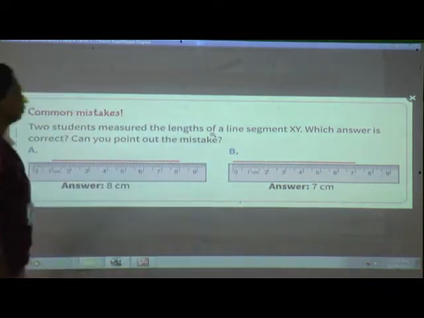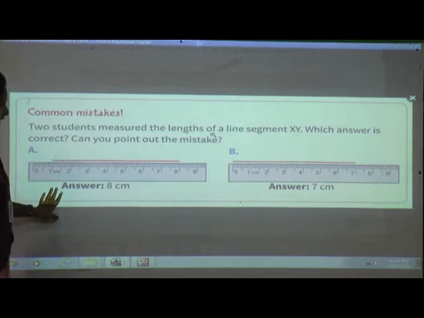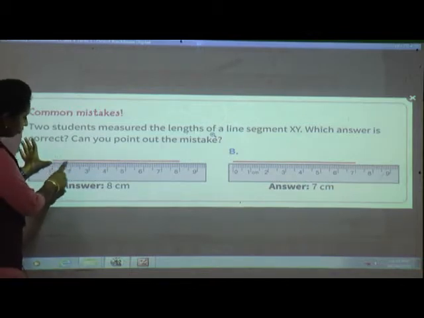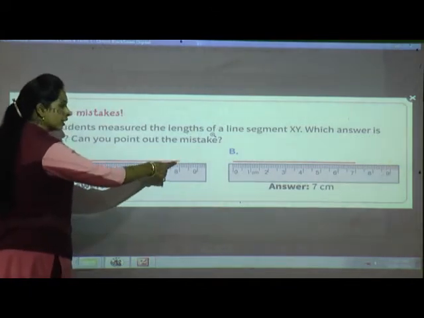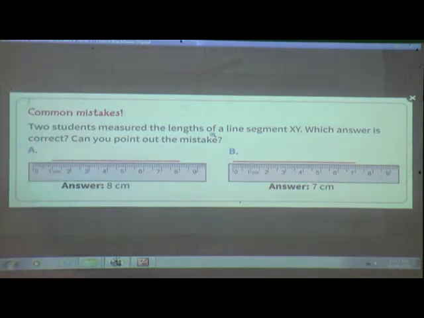Okay. Now, can you tell me what is the mistake? Can you find out? Can you point out the mistake, student? See what you have done. Yes. The question is draw 7 centimeter, but what he did, he started from 1. See, from here 1, 2, 3, 4, 5, 6, 7. He has drawn correctly, but it came still 8 centimeter, isn't it?